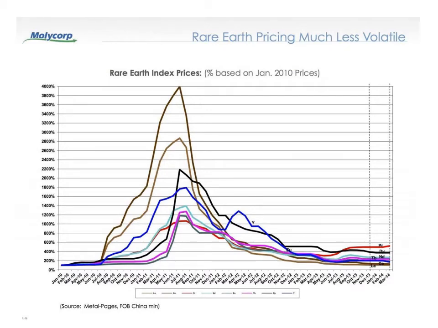In recent years, you may have heard that in 2010, 2011, the prices for some rare earth metals went through the roof. And that's what this figure shows. It's really tough to see. The legend is awful here, which color is associated with which metal.